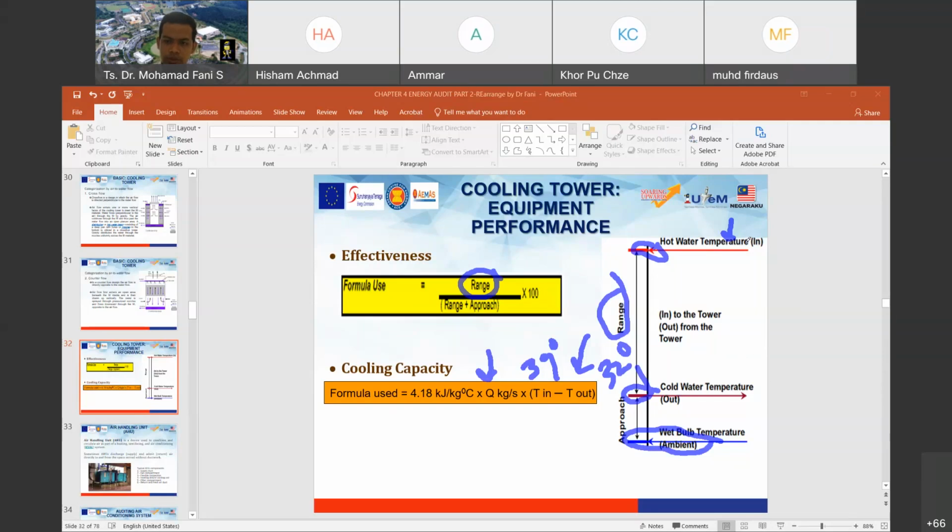You can measure the flow at either the hot water temperature in or the cool water temperature out pipeline. At the end of the day, you get the cooling capacity in RT.